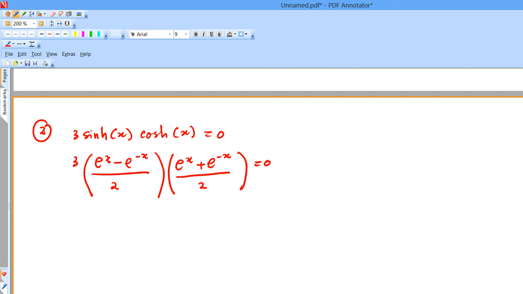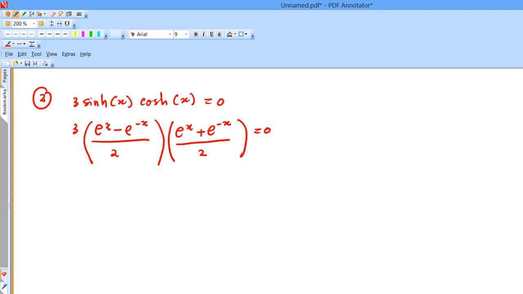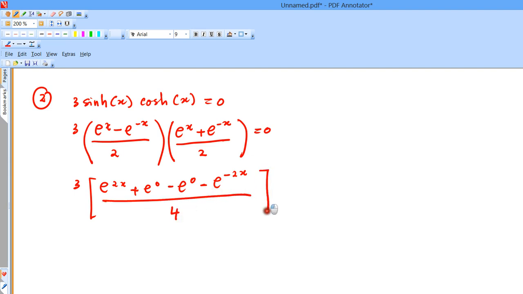And then we can expand, and get 3 e power of 2x plus e power of 0 minus e power of 0 minus e power of negative 2x over 4 equal to 0.